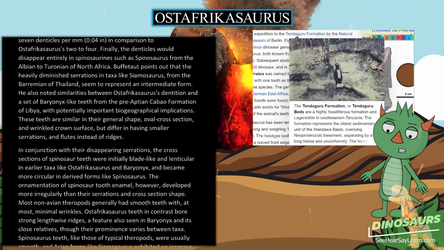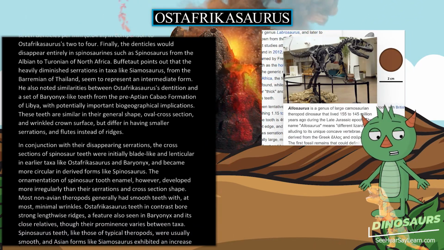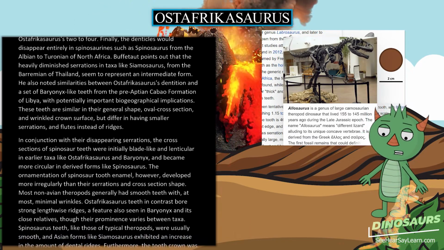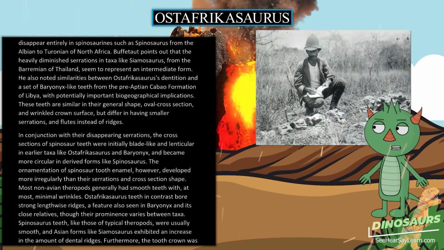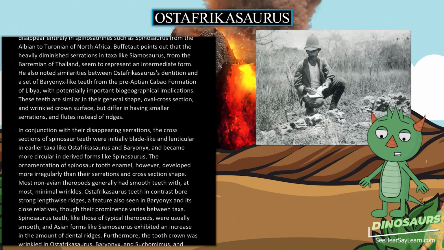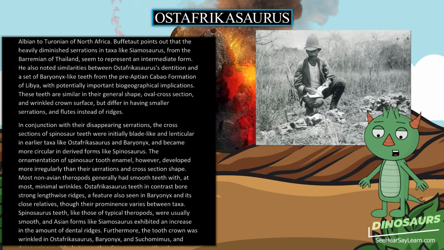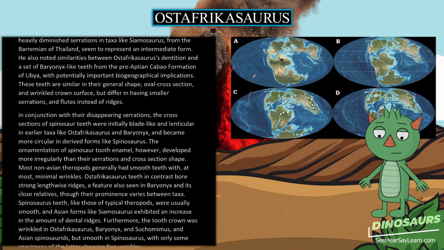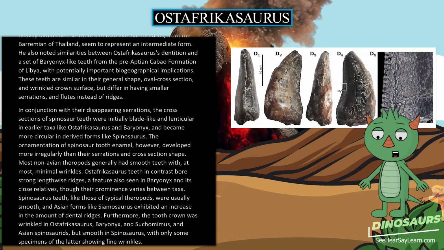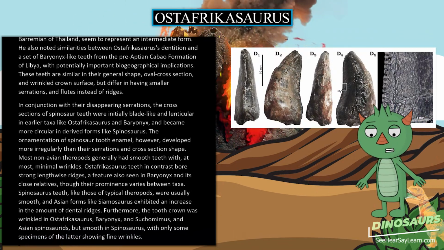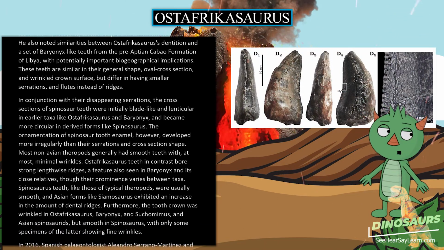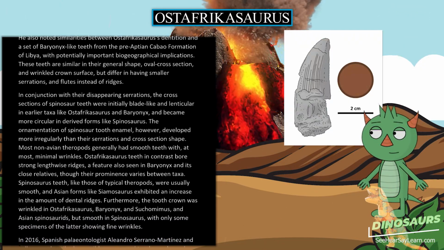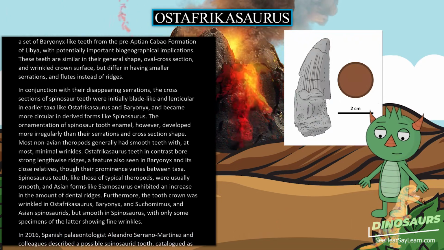In conjunction with their disappearing serrations, the cross-sections of spinosaur teeth were initially blade-like and lenticular in earlier taxa like Ostafrikasaurus and Baryonyx, and became more circular in derived forms like Spinosaurus. The ornamentation of spinosaur tooth enamel, however, developed more irregularly than their serrations and cross-section shape. Most non-avian theropods generally had smooth teeth with, at most, minimal wrinkles.